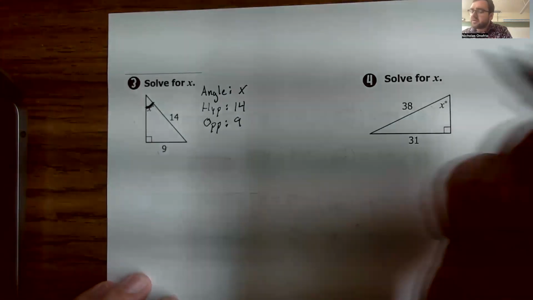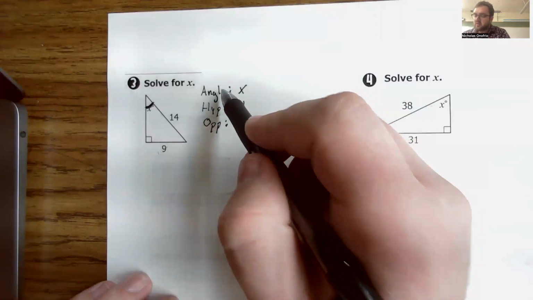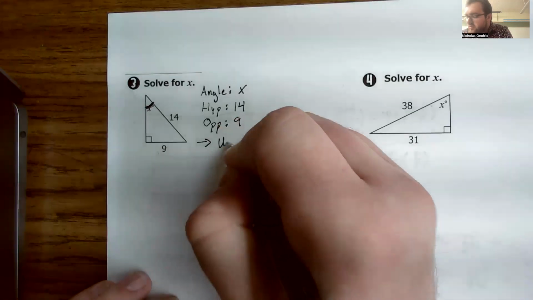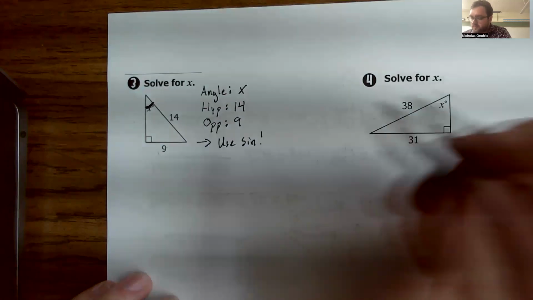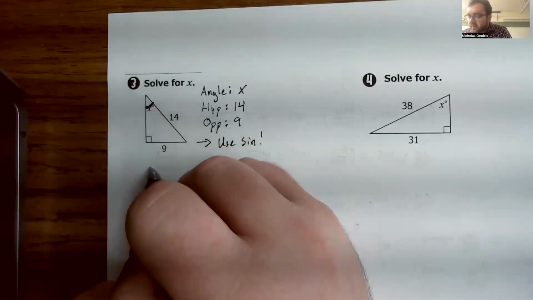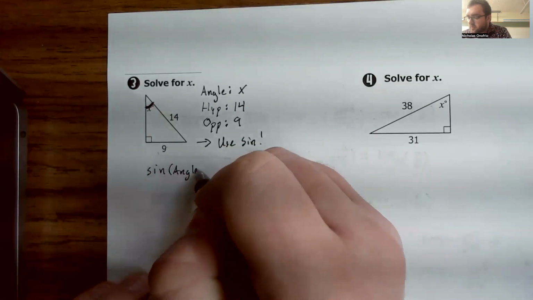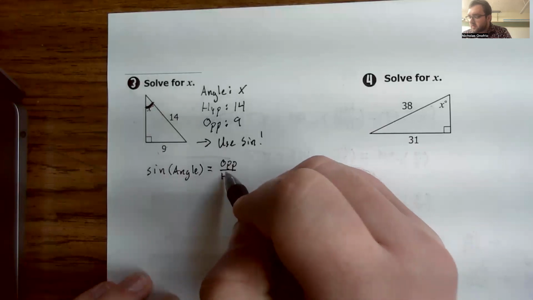Let's set up our equation. We know that since we have the angle, the hypotenuse, and the opposite, we have to use our sine function. So let's set it up. Sine of our angle equals opposite over hypotenuse.